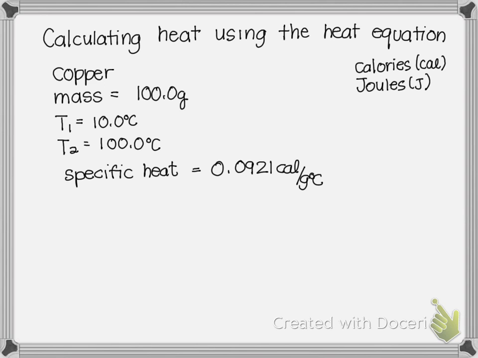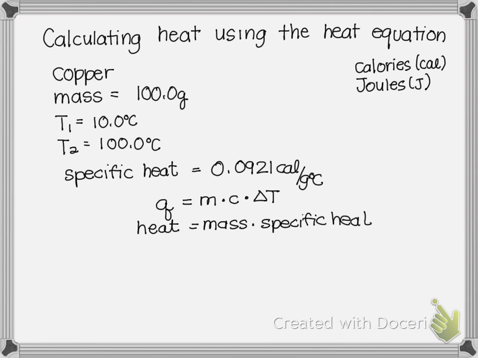So to calculate the heat, which it says determine the number of calories, which is the heat, we use our heat equation, which is the heat equals mass times specific heat times the change in temperature. Remember, Q is heat, which is what calories is. Then we'll have mass times the constant, which is specific heat, that's represented by the C, times the change in temperature.